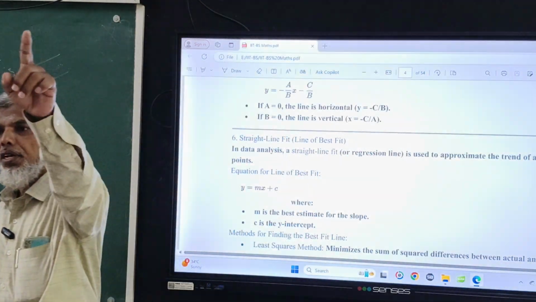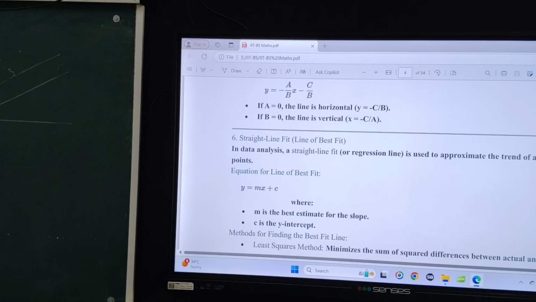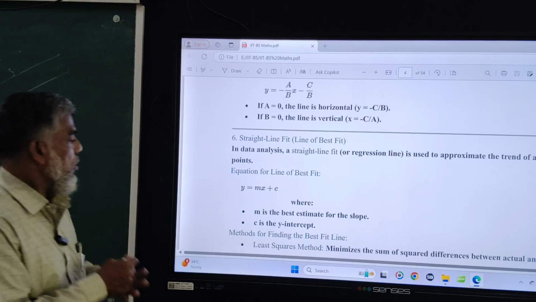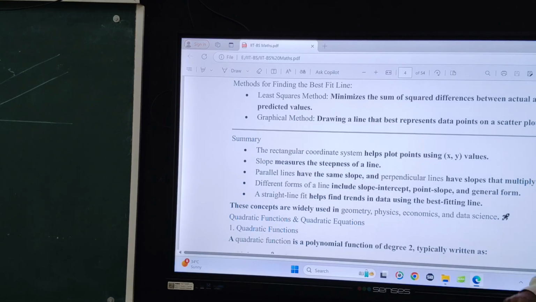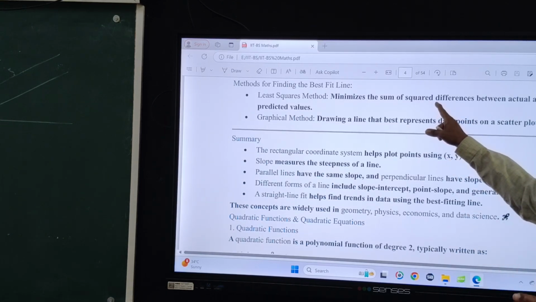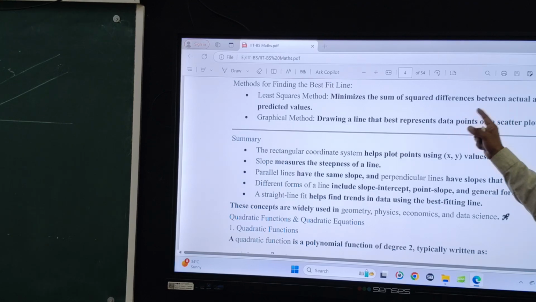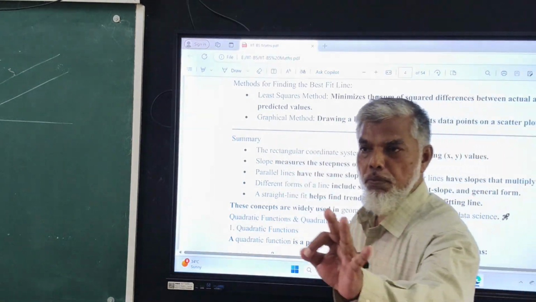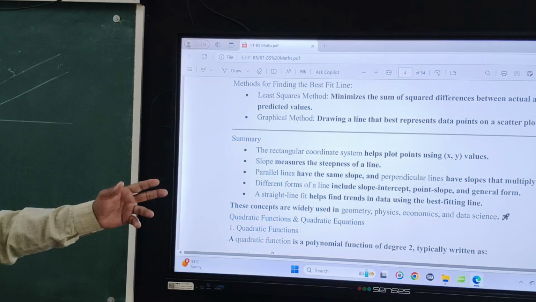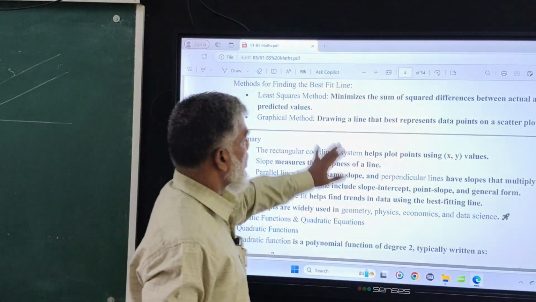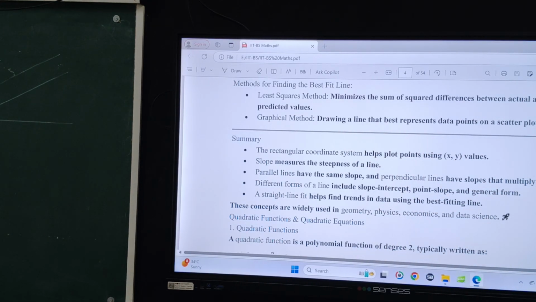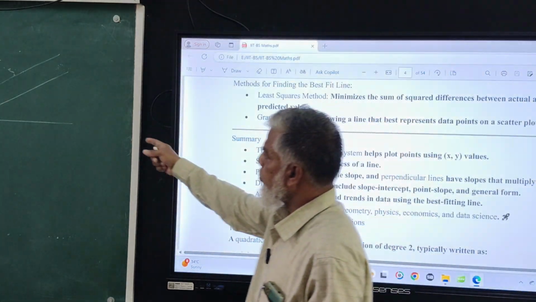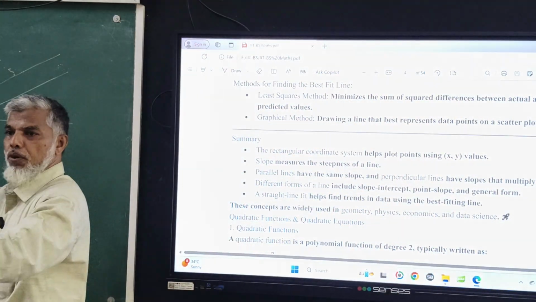Regression you have not studied, but we will be studying regression in the BSc course, that is the degree course. I will explain this concept whenever it is required. The sum of the square differences between the actual and the predicted values is minimum. I will explain when it comes to the problem. And the graphical method we already studied, drawing a line that best represents data points on a scatter plot. If you have 2 points, just plotting the points is enough.